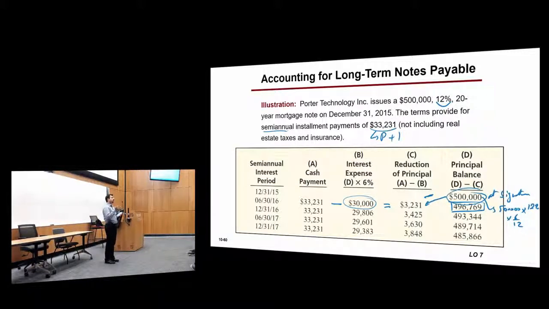You multiply that amount by the interest rate, and this will give you the new interest expense. Again, you subtract it from 33,231, and it will give you 3,425. As you can see, the amount paid against the principal starts increasing.